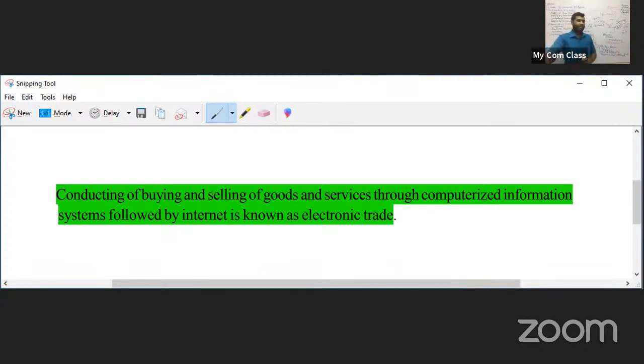That, followed by the internet, is known as electronic trade. Shall we write? Please make sure you highlight buying and selling.